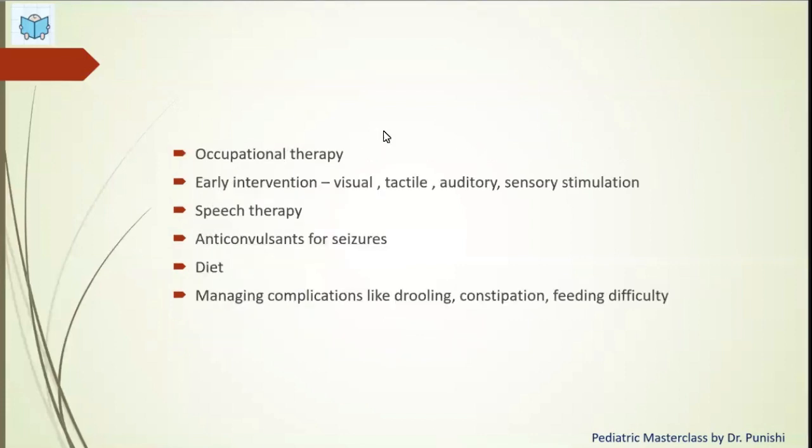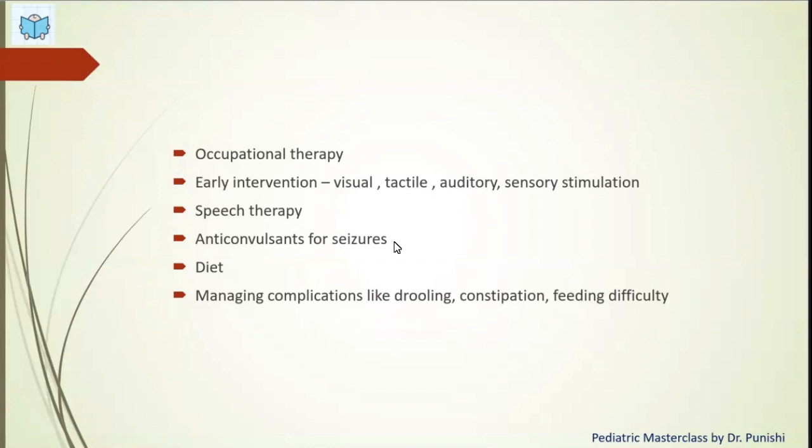Other than that, you will also do occupational therapy, speech therapy, early intervention with all types of stimulations, anticonvulsants for seizures, and make sure the diet is taken care of. Also, because these patients have feeding difficulties and are nutritionally compromised, if the child is not able to swallow, you need to explain to the patient and the parents that they need to give pureed food or semi-solid food, and how exactly that needs to be prepared.